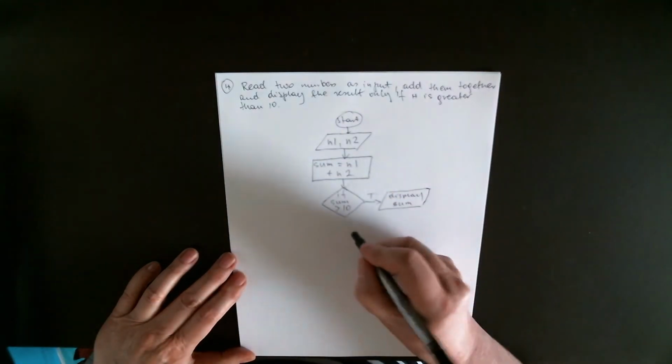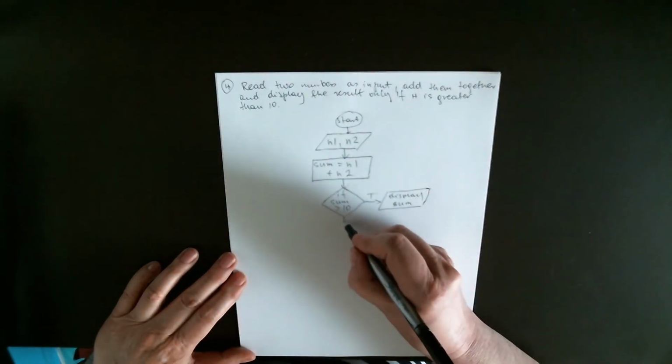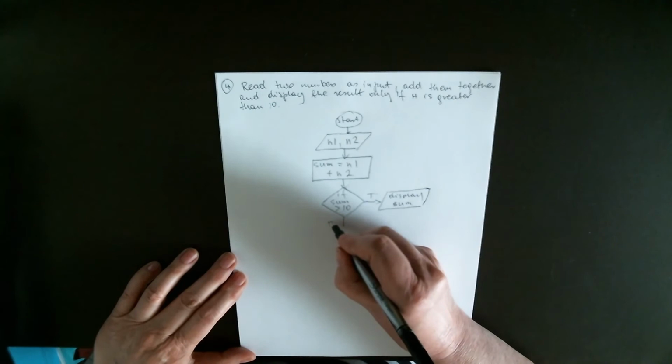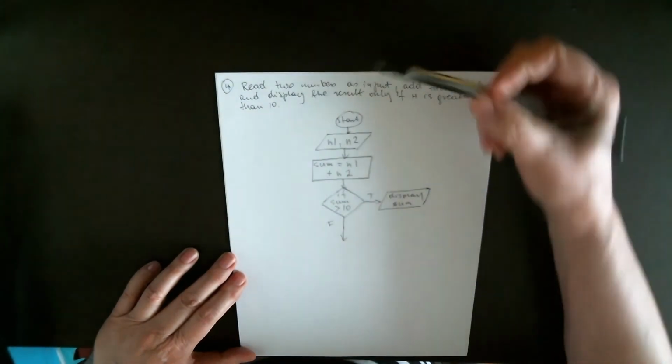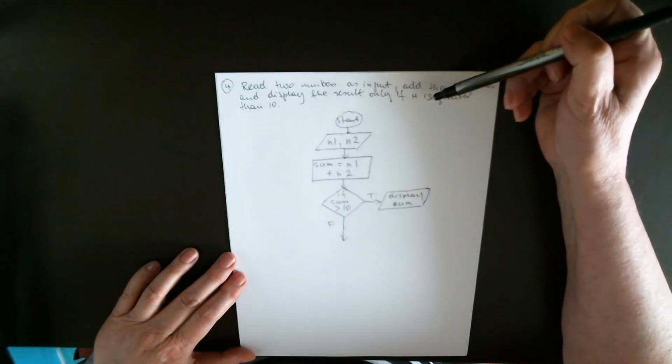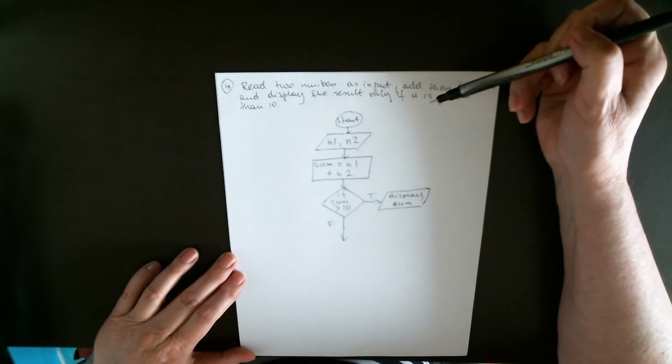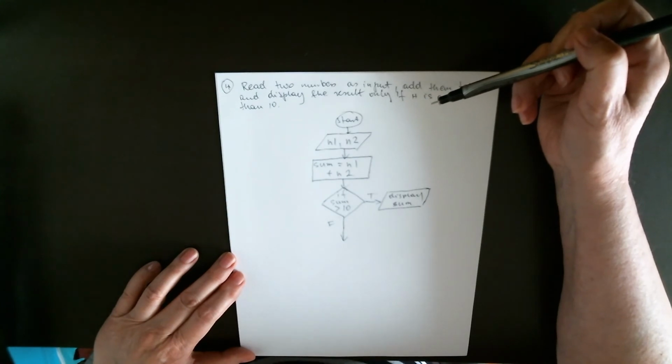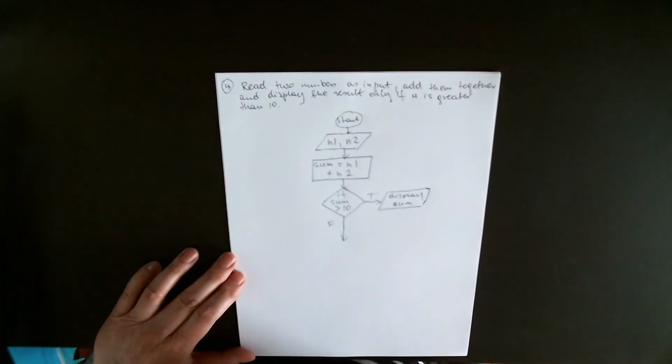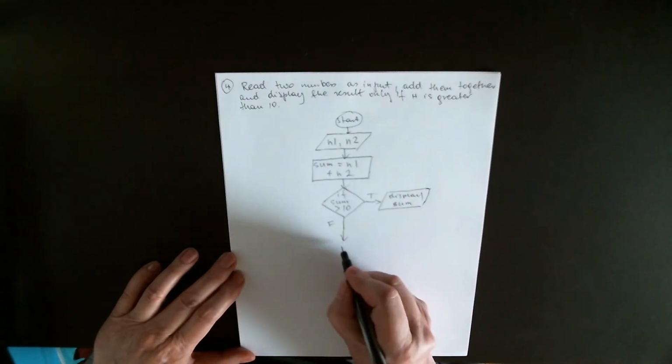All right. So what do we do if it is false? Do we have anything about it? No. If we don't tell anything to the computer, it is not going to do anything. So we are going to skip. We have said nothing. All right. And we'll just say stop.